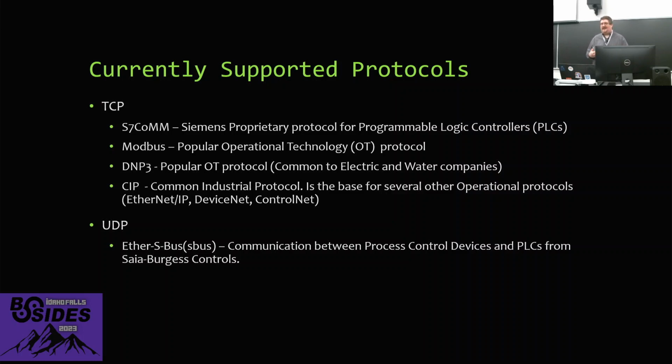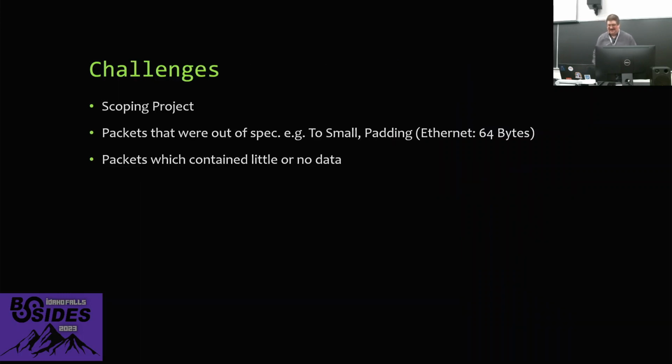One of the reasons I added EtherSBus was just to see how long it took me to add a new protocol. I spent one night, about three hours, and then had one little problem, but we'll go to challenges, and then I'll get back to what that problem was.